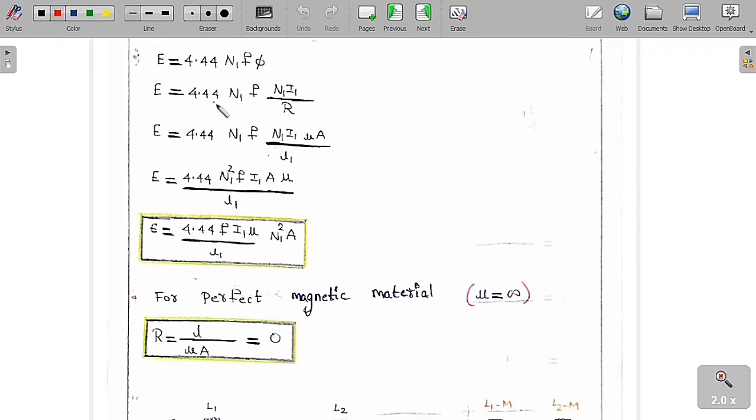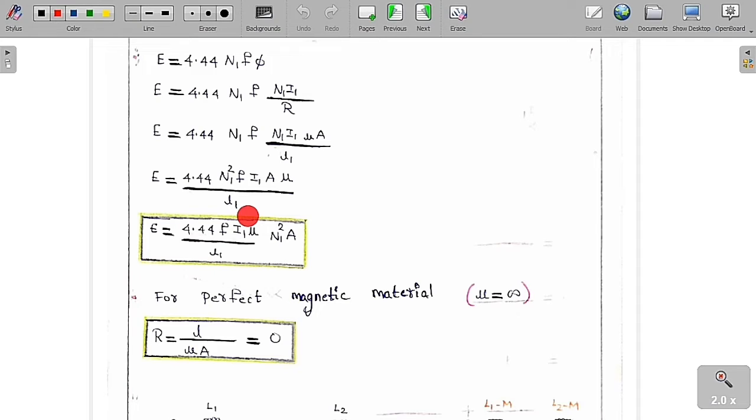So E is equal to 4.44 N1 into f into φ, where flux φ is equal to N1 I1 by R, and R is equal to L1 by mu A. On simplification we get 4.44 N1 square f I1 A mu by L1.